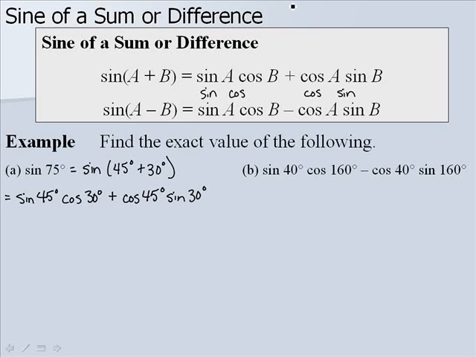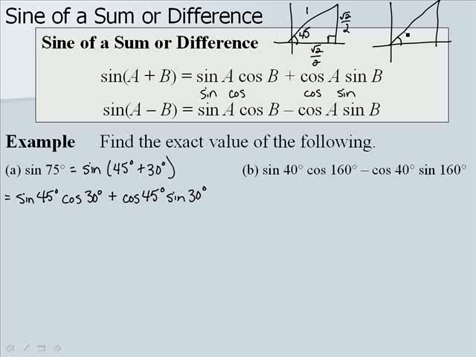Now, using our triangles from before, I'll repeat them over here. We see that sine of 45 was square root of 2 over 2.